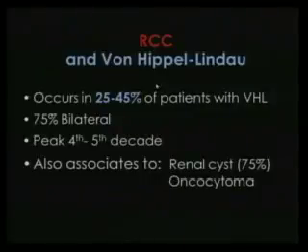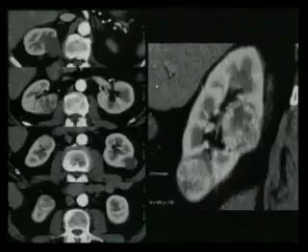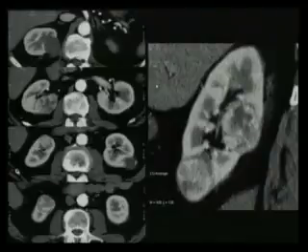There is also association with renal cysts and oncocytomas, but keep in mind the tumor with the highest association with von Hippel-Lindau is the renal cell carcinoma. Let's see this example. Patient with multiple bilateral renal lesions, some of them cystic, some of them solid. If we consider the cystic one also a complex lesion, these were renal cell carcinomas.